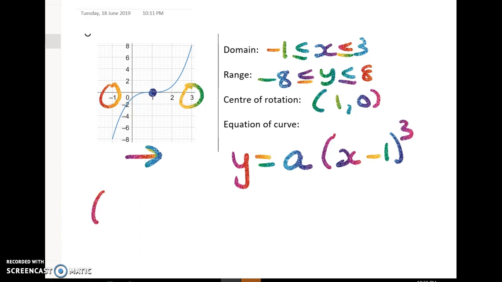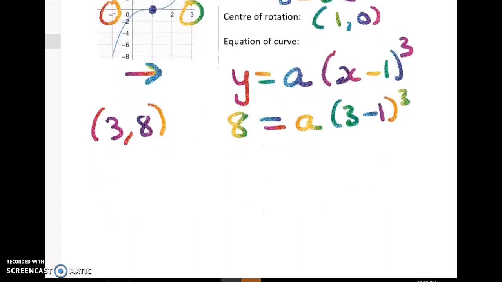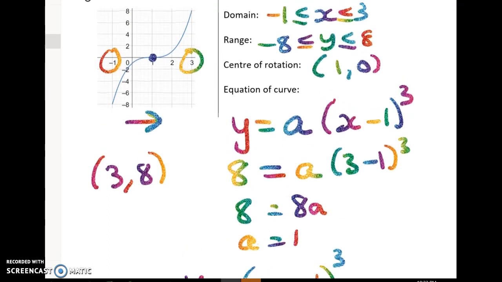I'm going to substitute in the point (3, 8) to find a. So 8 is equal to a times (3 minus 1) cubed, and that again gives me 8 is 8a, so a is 1. My equation hasn't got a vertical scale factor. The equation is y equals (x minus 1) cubed.